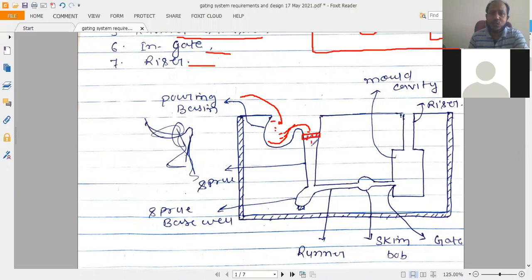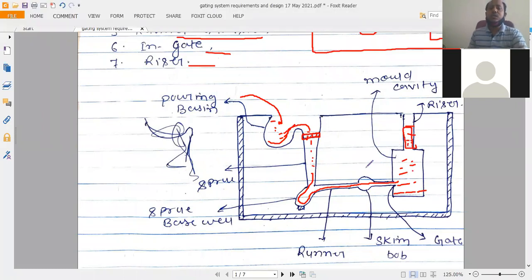Then the molten metal goes to the sprue, then to the sprue base well. Then it goes through the runner, then the gate, where the molten metal actually enters the mold cavity, and the mold cavity will be filled slowly. Then the molten metal goes to the riser part. This is the riser.